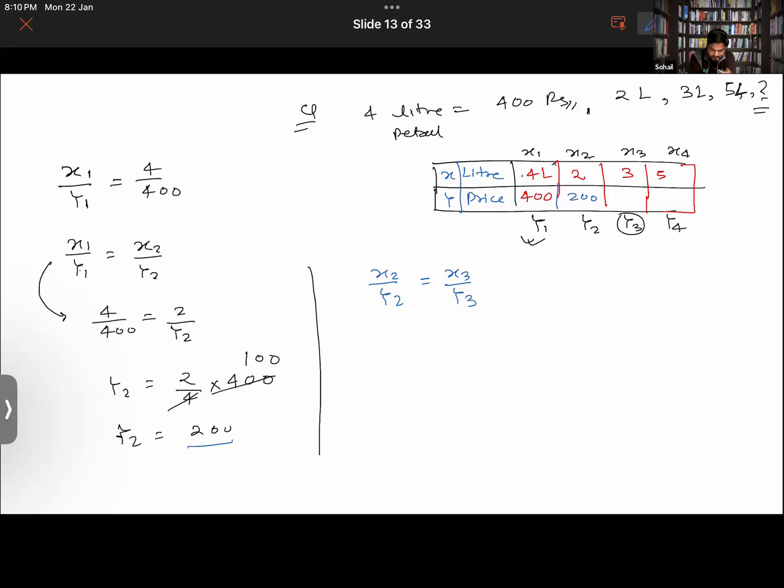Sir, I sent the answer. Let me check that. Sir, for both 3 and 5 meters. If you want to, you can solve it for y3 and for y4 also. Yes, that is correct. Very good. Others also solve it.